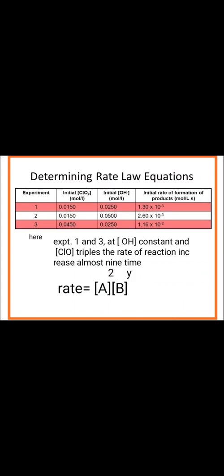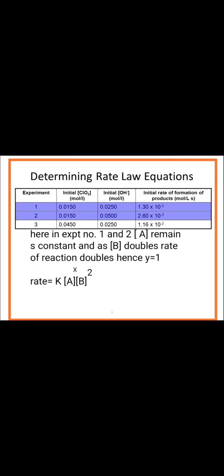Here x is equal to 2 because the rate is triple when the concentration is triple, and the rate increases almost 9 times. That is 9 is equal to 3 raised to x, that is 3 raised to 2. So x is equal to 2.